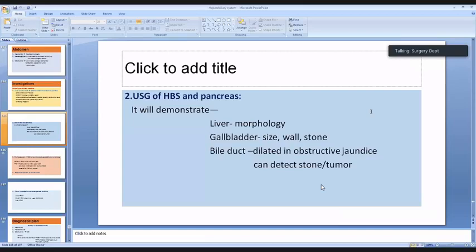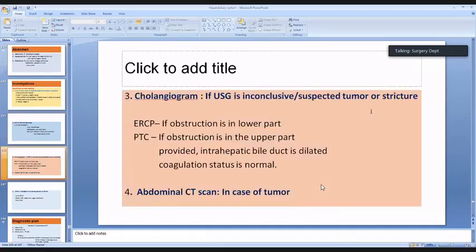But if it says there is presence of a stone in the bile duct, or the bile duct is dilated, or there is presence of a tumor in the head of the pancreas, bile duct, or in the area of the porta hepatis, then we can say this is probably obstructive jaundice.